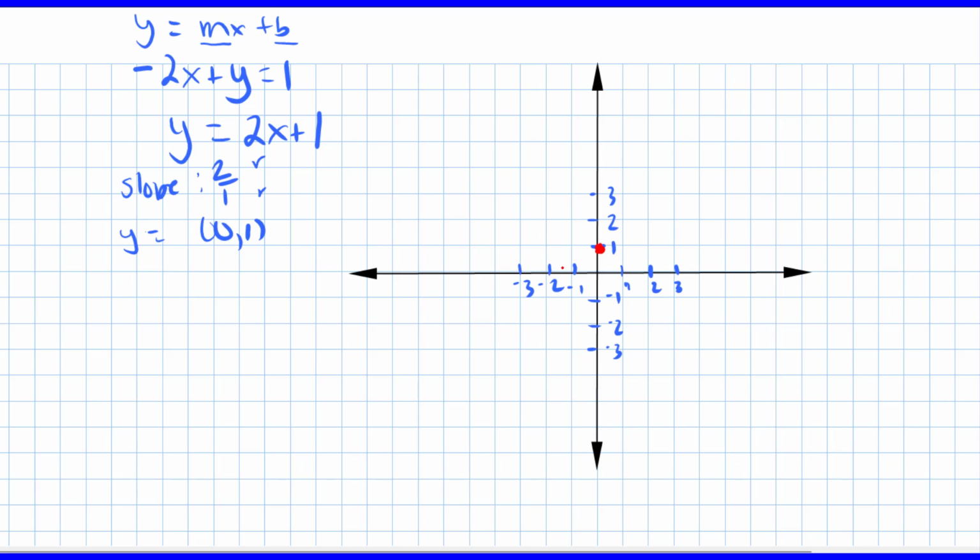And then my slope is up 2 over 1. So I've got 2 points there that I can go ahead and graph through those 2 plotted points there. And that's what the graph of that line looks like.